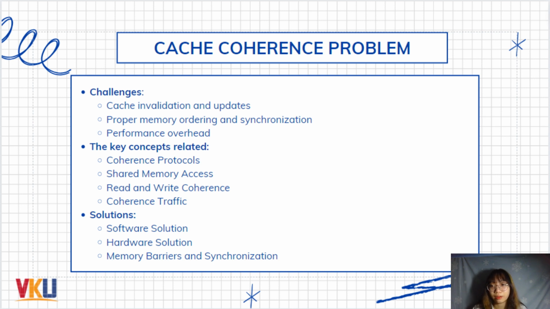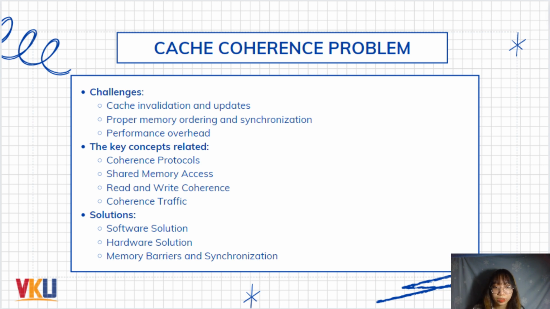The cache invalidations and updates involve coordination and communication to maintain consistency in the shared memory allocation. Maintaining cache coherence requires proper memory ordering and synchronization across the multiple processors. Thus, ensuring cache coherence adds overhead, impacting the system performance and making it a key challenge.